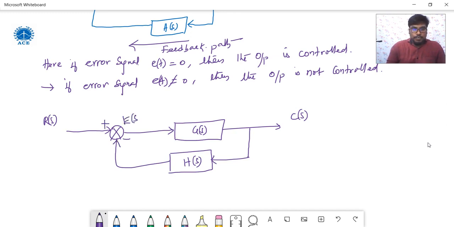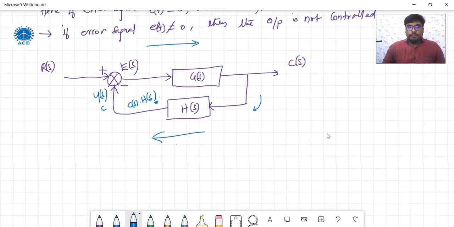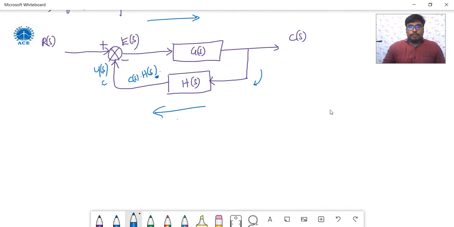So this is E of S, the error signal, right? From here it is the feedback path. So I will write here, this is the forward path, and as we know this is the feedback path. The output of this one I am naming Y of S. So what is the output here? Here it is C of S into H of S, right? Now this is Y of S, the feedback.